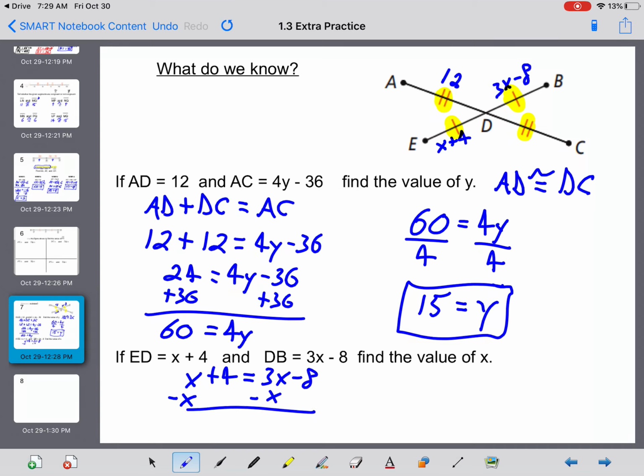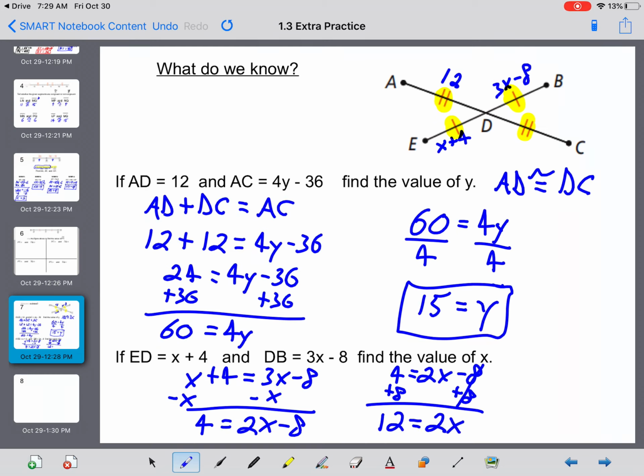Move that smaller one, minus x on both sides, and we get 4 equals 2x minus 8. If 4 equals 2x minus 8 and you add 8 to both sides, we get 12 equals 2x. And if 12 equals 2x, we're going to divide both sides by 2, and x equals 6.